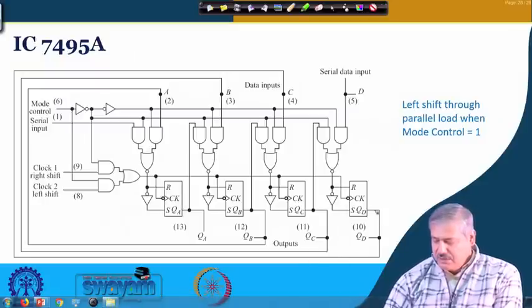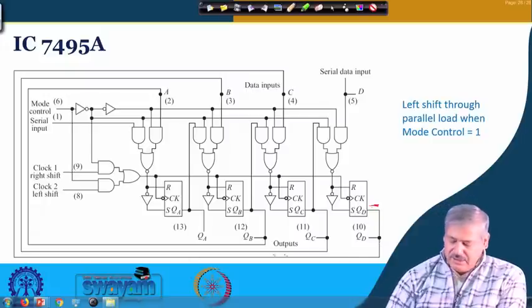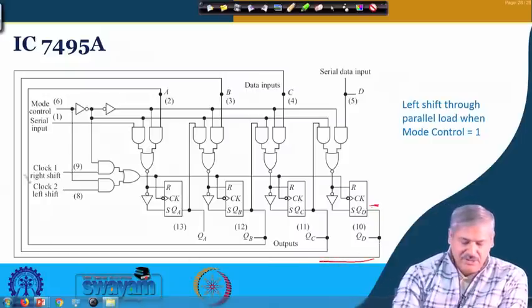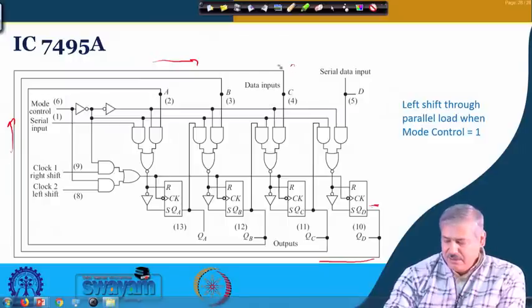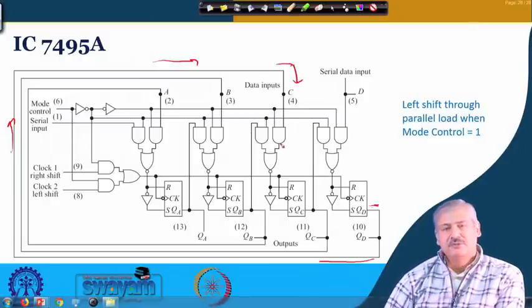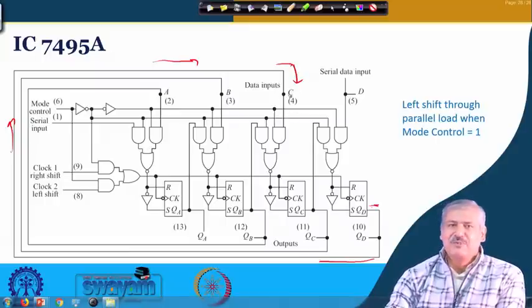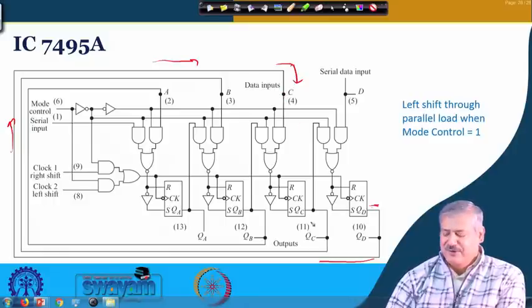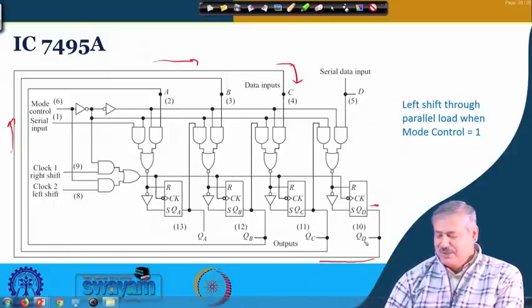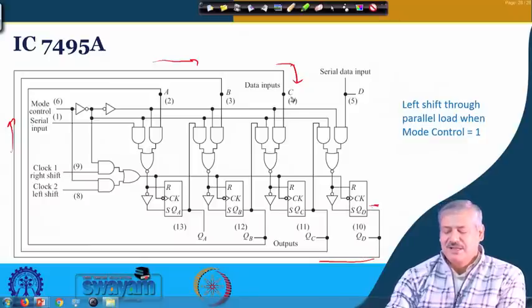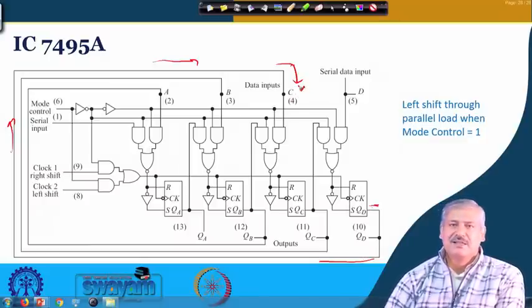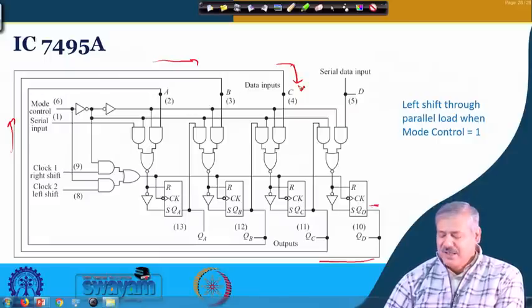So, QD is connected, this wire is going here, and it is coming here as input to C. So, C is the output, and parallel load input was there for C. QD output is now connected at the input of C. Externally you connect this wire, okay.